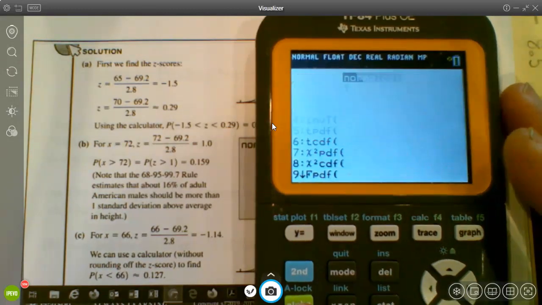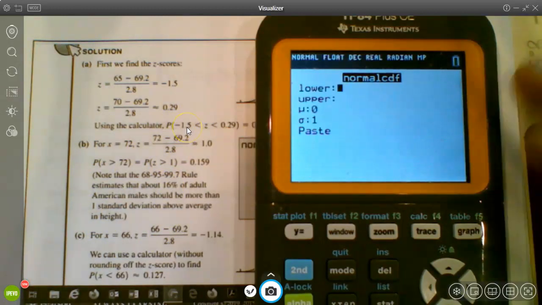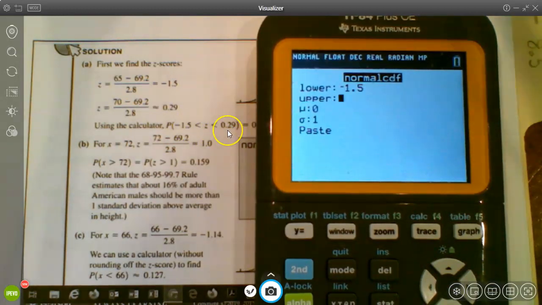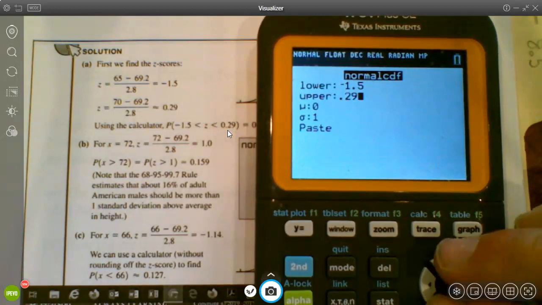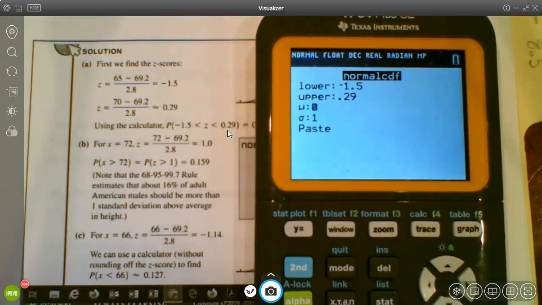It's a cumulative area. So as far as the lower boundary goes, the lower boundary is the negative 1.5. The upper boundary is the 0.29. The mean they gave us. So here's where it gets a little weird.